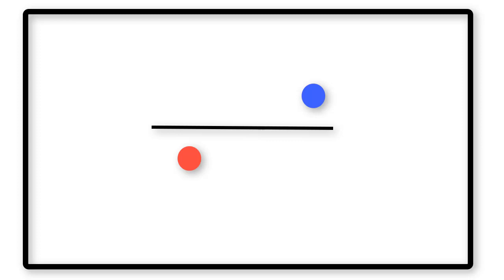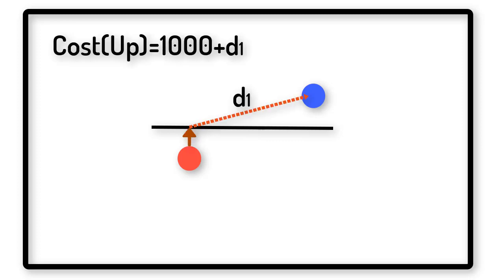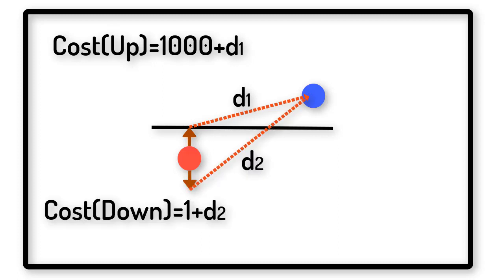So suppose the robot is positioned here, and there is a barrier at an angle between the robot and the goal, like this. The robot will consider each possible move. The cost of driving into the barrier is 1,000 plus the distance between this point and the goal. The cost of driving away from the barrier is 1 plus the distance between the goal and this point, which is farther away.